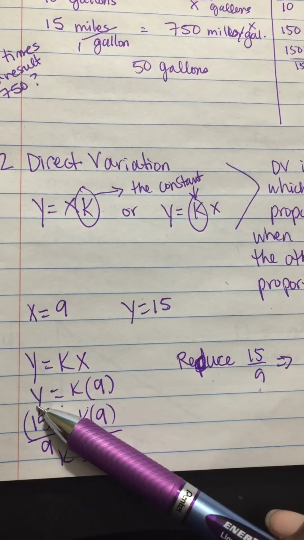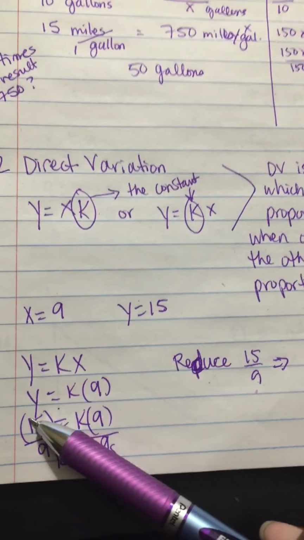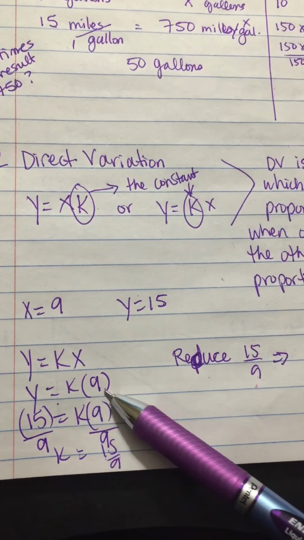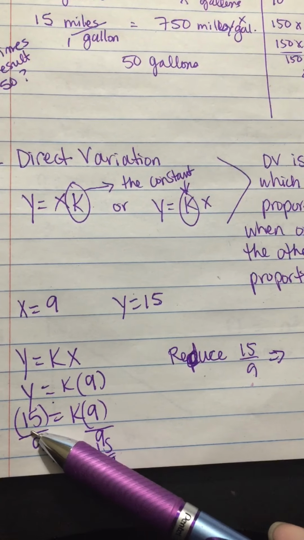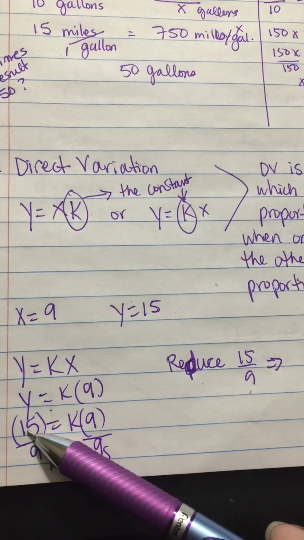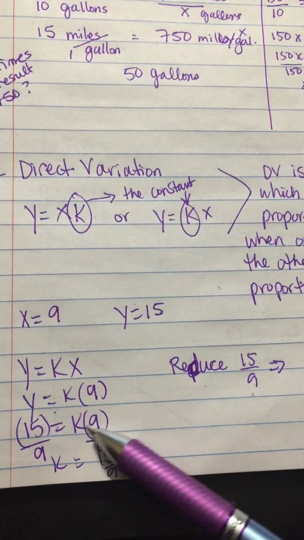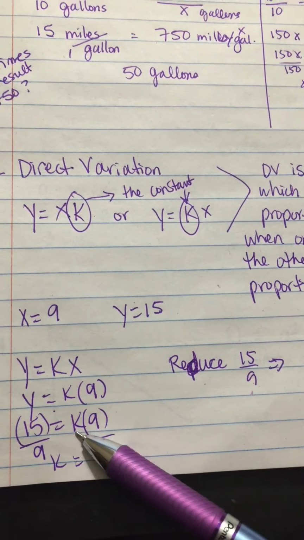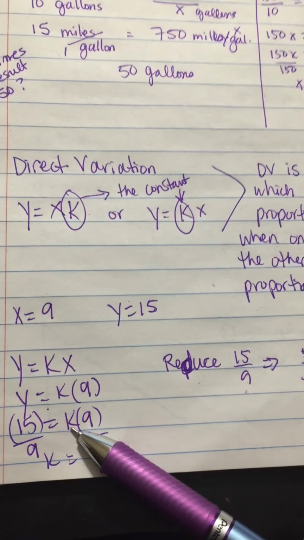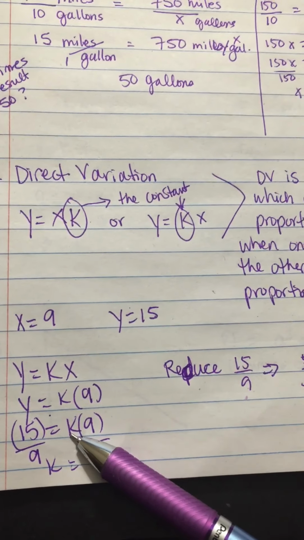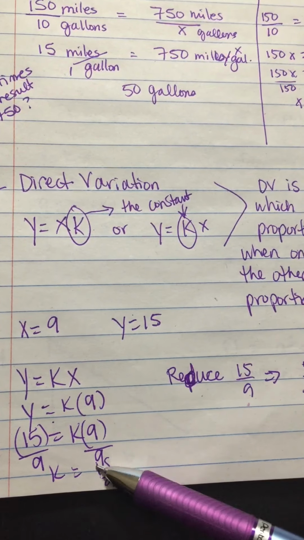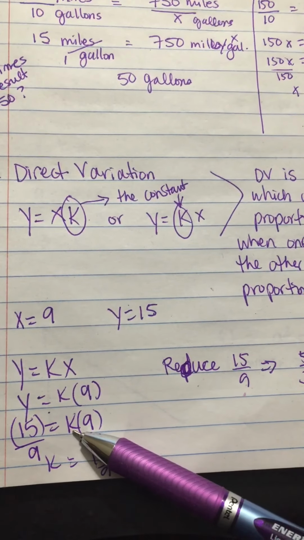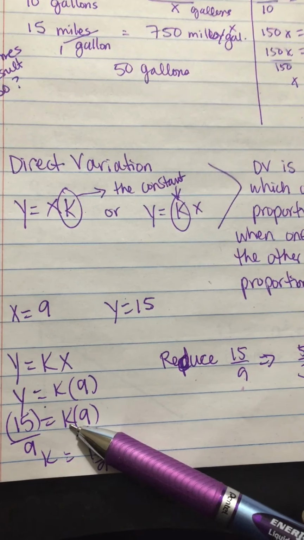I'm going to fill in my x here. So y is equal to k times 9. And then I'm going to fill in my y. So y is 15, 9 is x. We do not know what k is, and we're going to solve for k. So by doing so, we are going to divide by 9, and that's going to leave our variable alone on this side.